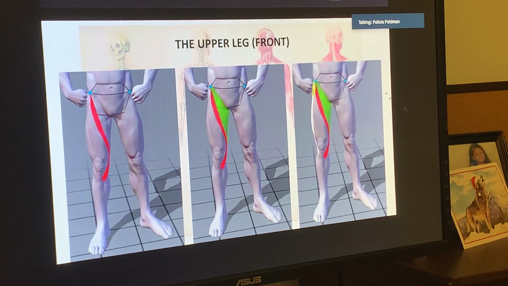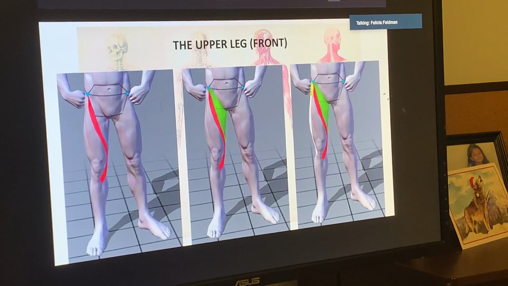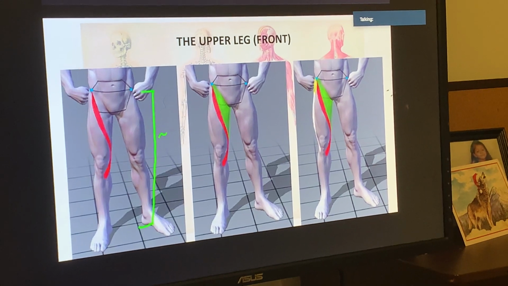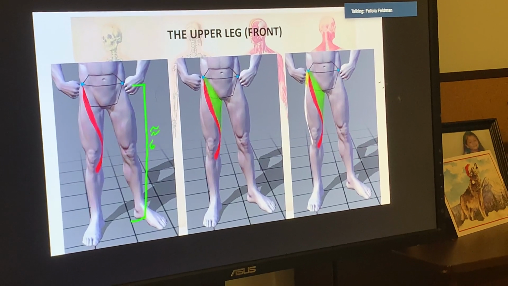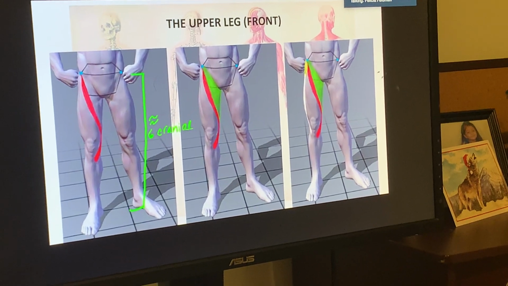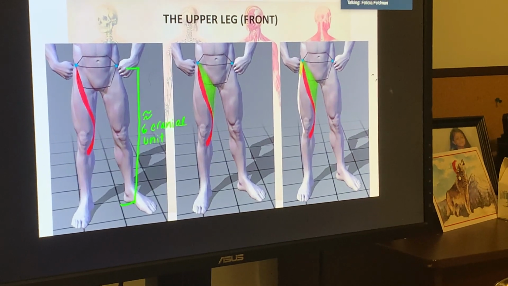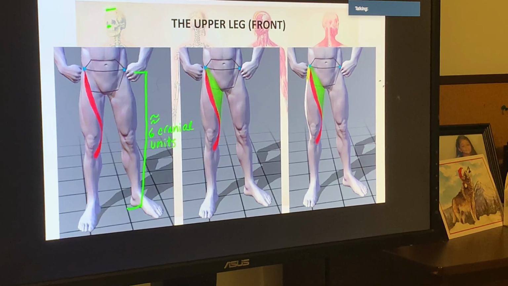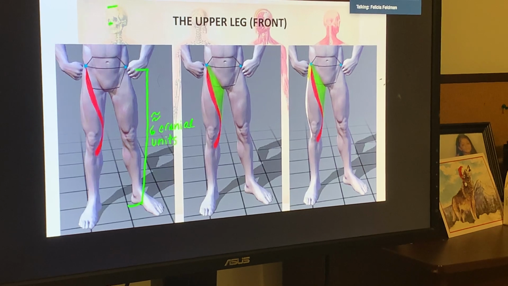Okay, so this whole thing is approximately 6 cranial units. Okay, so remember back to our first lesson, right? A cranial unit on the little skeleton up here, right? So it's 6 of those spaces.